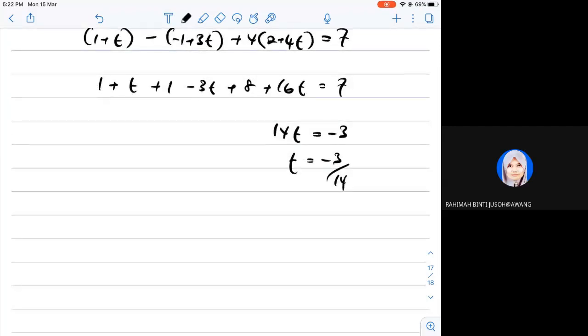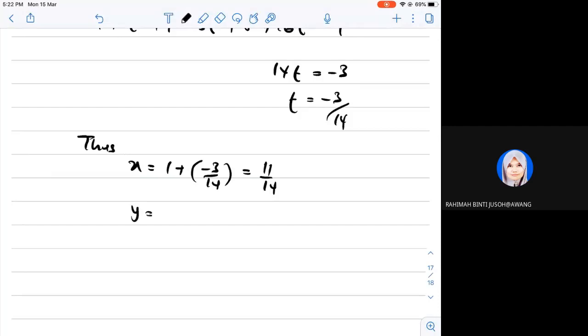So what happened next? Dah dapat nilai T ni, what happened? Substitute x, y, z. Yes, very good. Thus, we will have x equals to 1 plus t. So 1 plus -3 over 14. 14 tolak 3. So 11 over 14 lah kan?